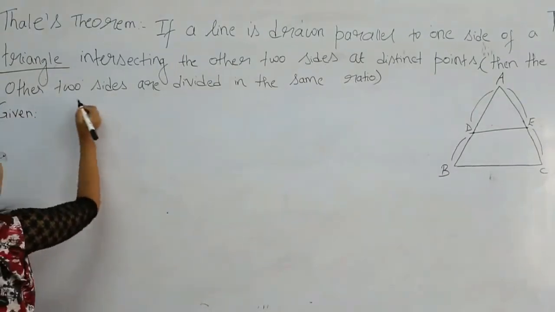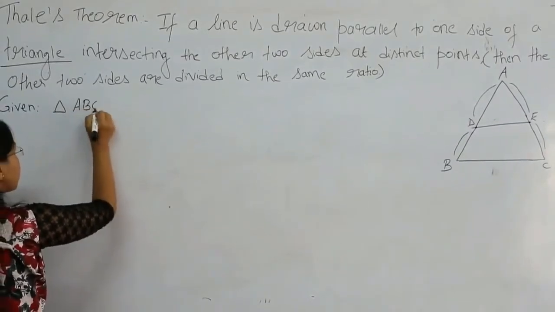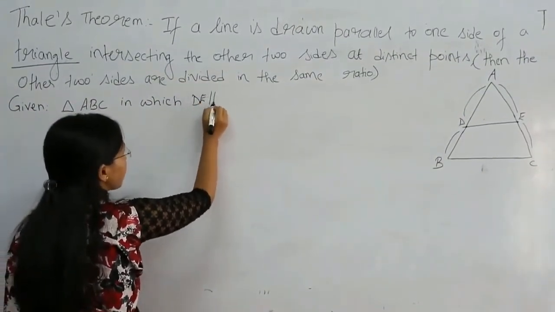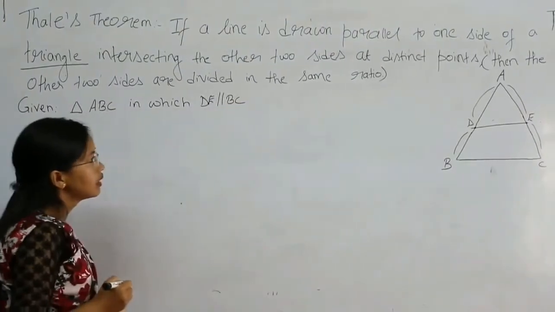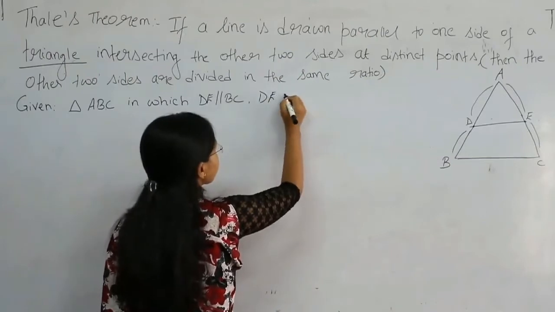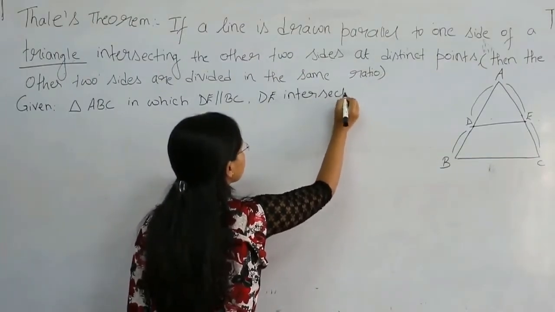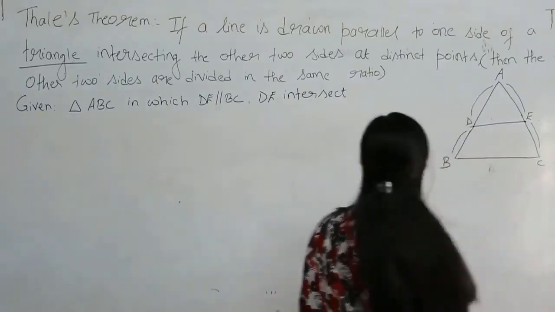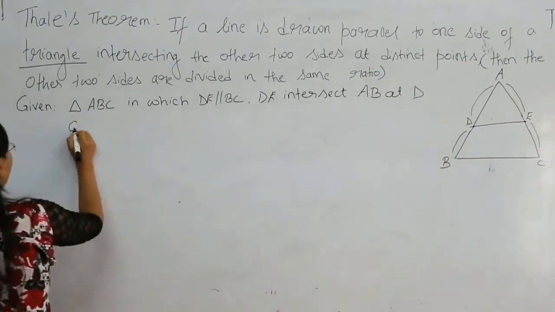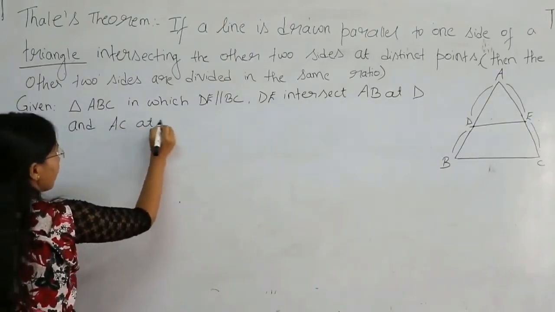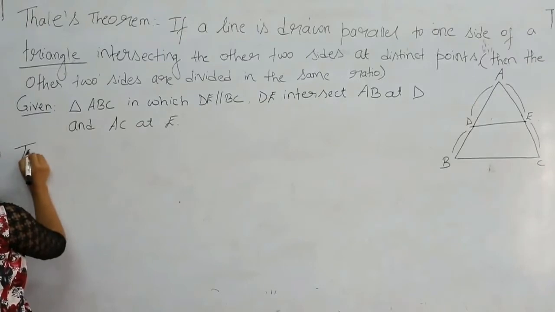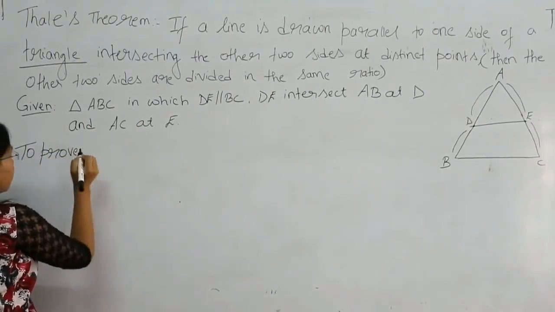We are given triangle ABC in which DE is parallel to BC, and line DE intersects AB at D and AC at E. This is given to us, and next we have to prove the ratios are equal.